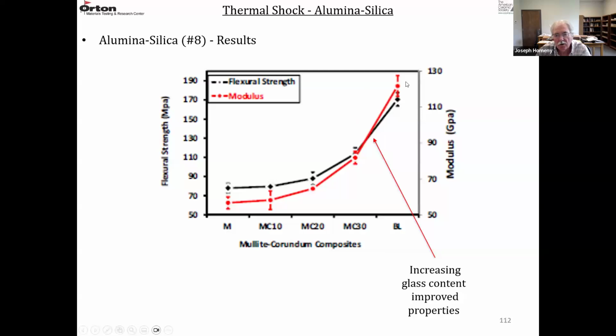So the strength is going up, the modulus is going up. This is where the porosity decreases. So they're saying there's increased glass content responsible for the shrinkage and decrease in porosity, and that's giving a much higher strength value with increasing alumina content, and also a much higher Young's modulus.